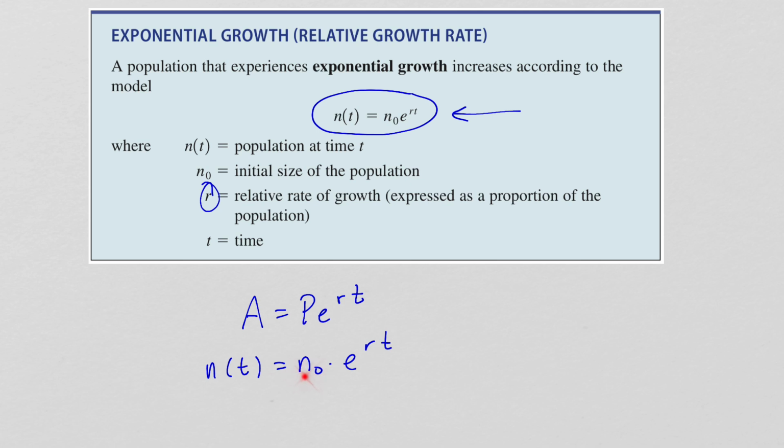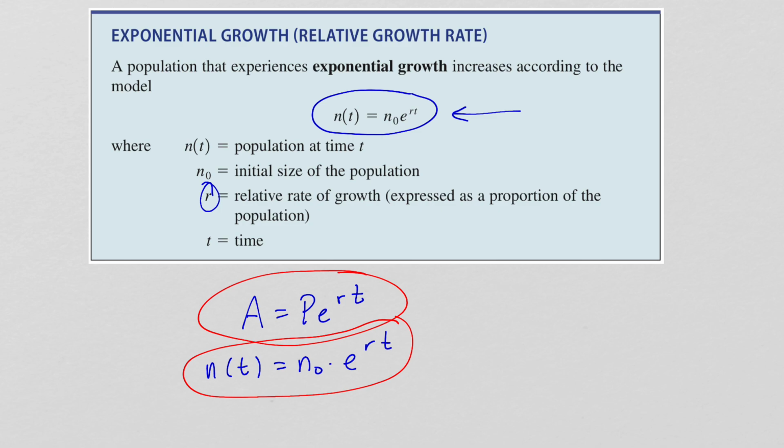So it's the number when time equals 0. And then e to the rt, you can see, is exactly the same. So this formula is exactly the same as the continuously compounded interest formula. And in fact, if it helps you, you don't have to memorize it in this way. You can simply use this formula here.